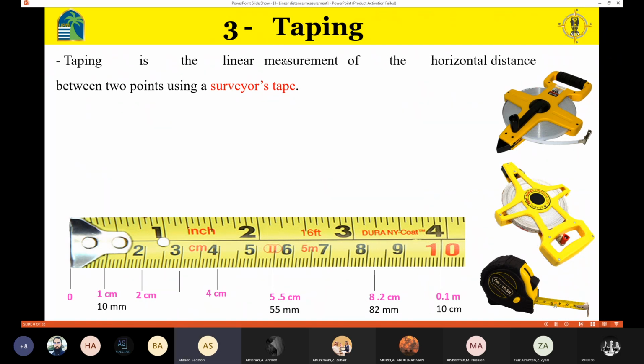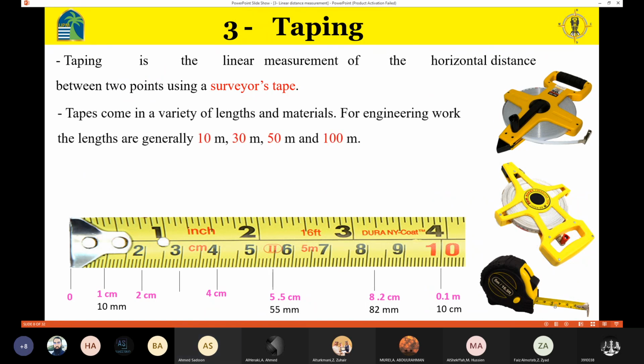So in the taping process, we use the tape to get the linear measurement of two points and its horizontal distance. We have different types and shapes of tapes.